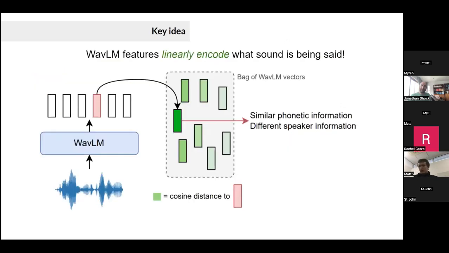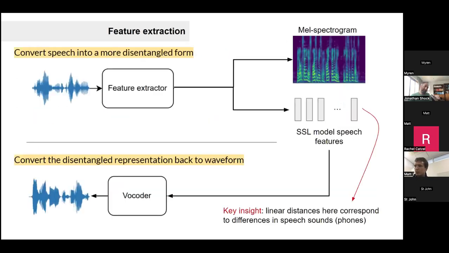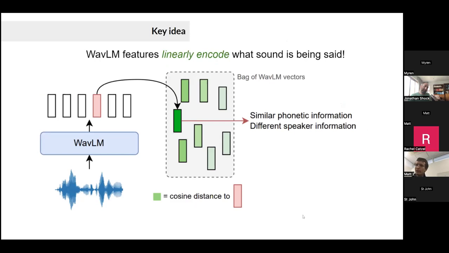So we asked whether we can do this in a simpler way, and we try to make use of a key fact: these self-supervised speech features have this nice property where linear distances correspond to useful things. WavLM is one such SSL model. It converts a waveform into a vector for every 20 milliseconds of speech. The key thing to note is that linear distances between these features correspond to similar phonetic information.